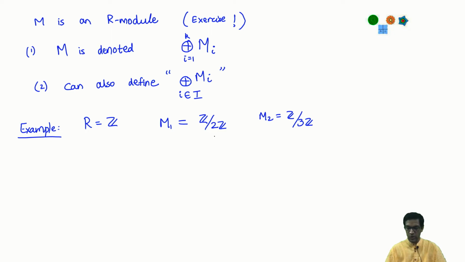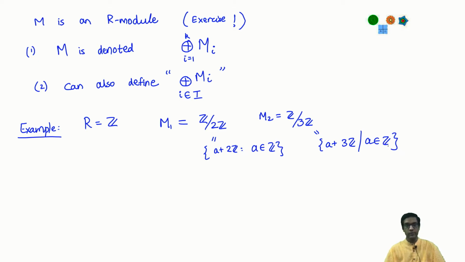The first comprises all cosets of the form a plus 2Z, a running over the integers. So really there are two cosets, the odd and the even numbers. The second comprises all the cosets congruent to 0, 1 and 2 modulo 3. And of course, these are both Z modules.